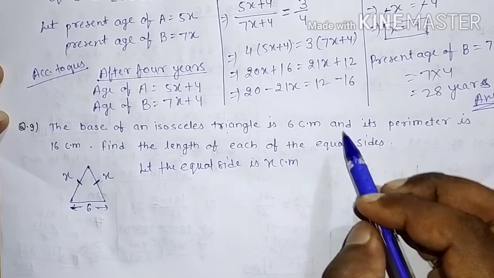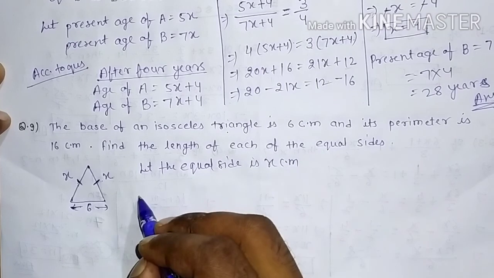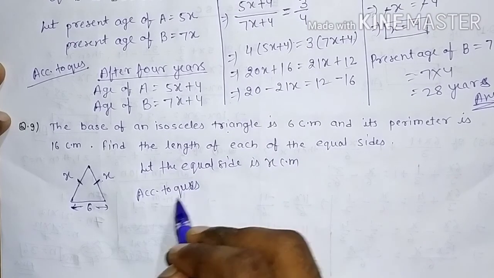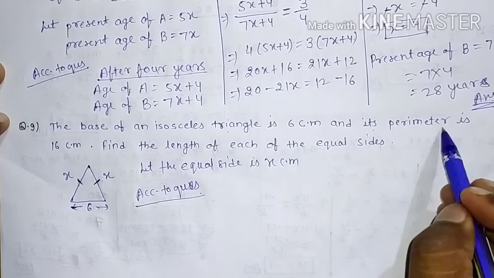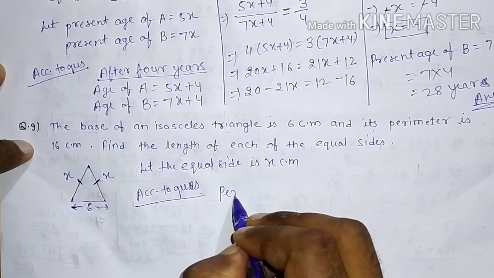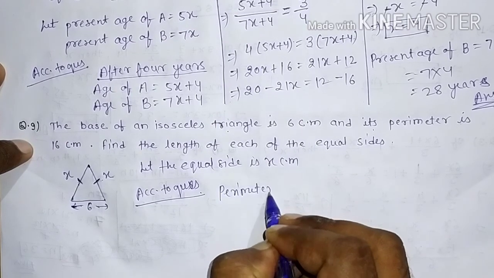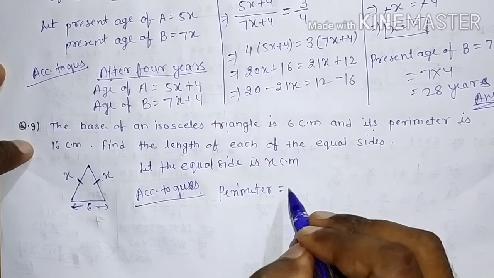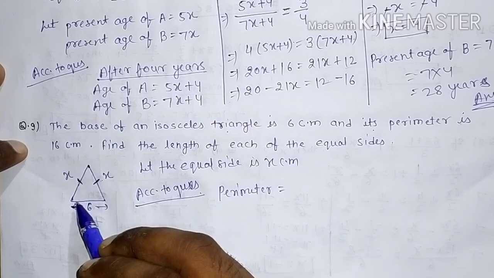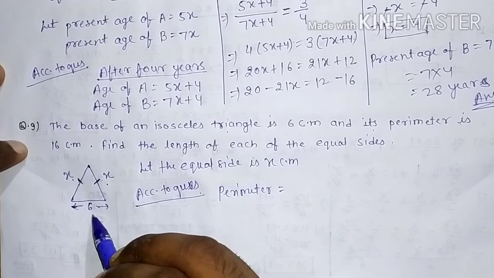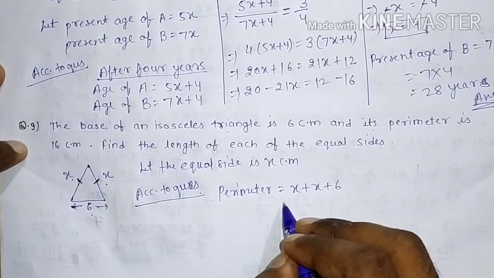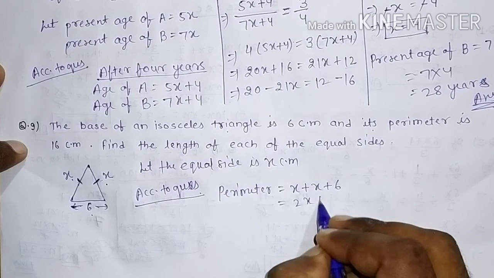Now according to the question, its perimeter is 16 centimeter. Now the perimeter of a triangle is equal to the sum of all three sides. So x plus x plus 6, so this is 2x plus 6.